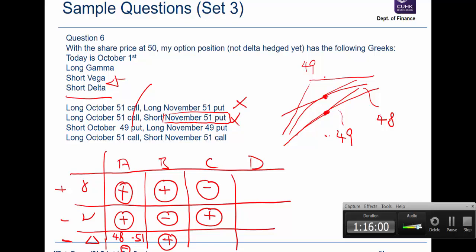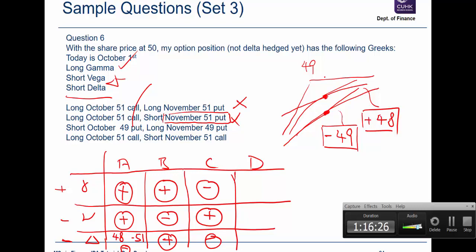So this put here you are long, so you would be short delta, whereas the short put you would be long delta. So on a net basis you will be short delta. So C cannot be correct because with C the gamma is short, but you are long gamma.